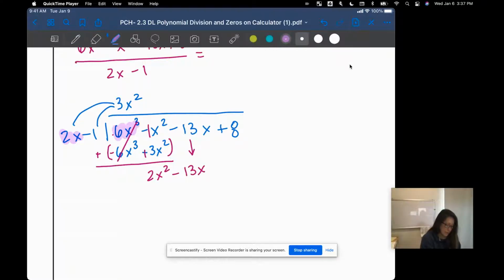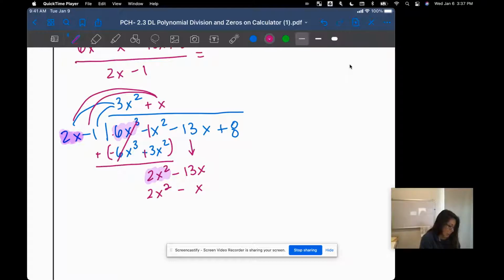Now I'm sending in my 2x squared into, or 2x into 2x squared. So 2x times x will give me 2x squared. And then again, we're going to distribute to the outside. So I get 2x squared. And then x times negative 1 gives me negative x.